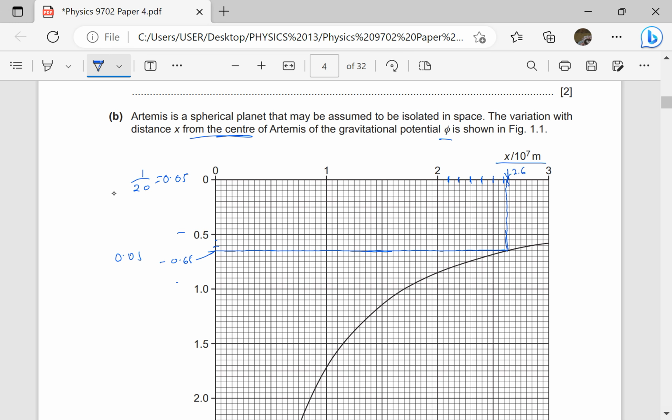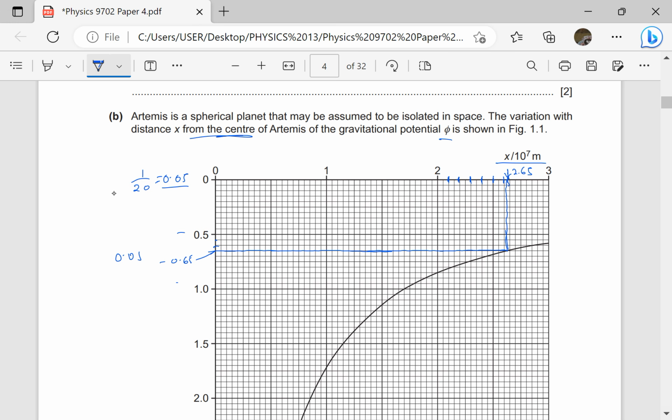It is 2.6 and half a box. Remember, one small square is 0.05, so I can say 2.65.